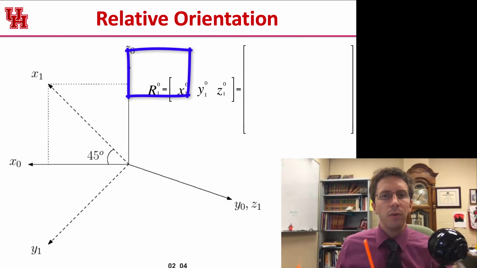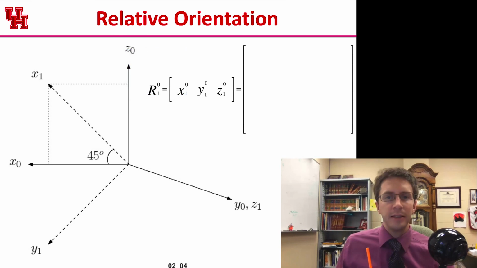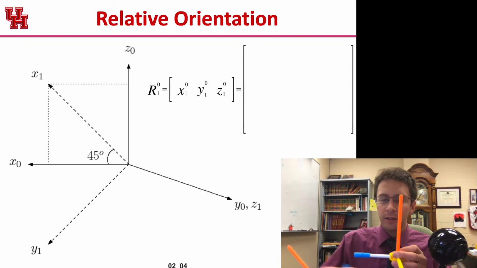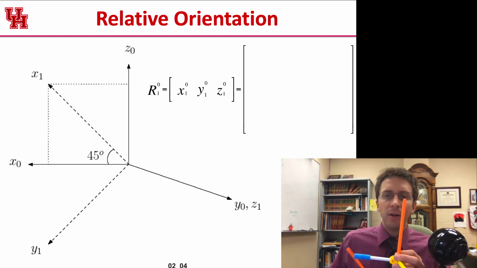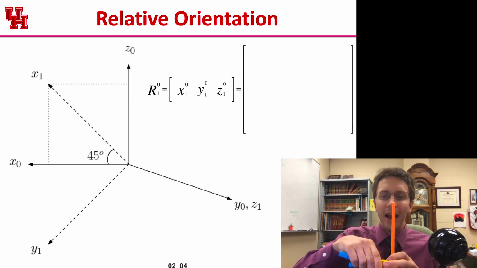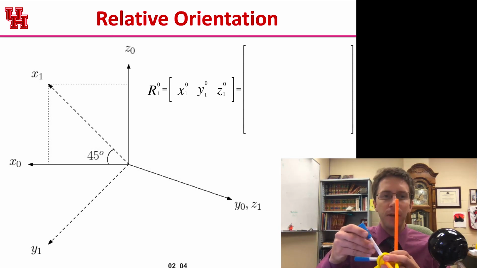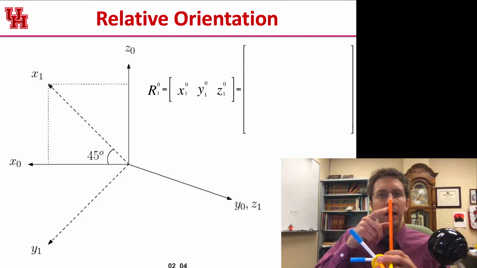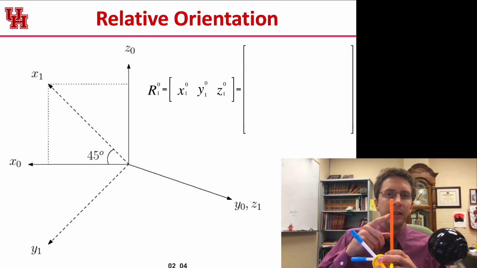Okay, so what we've given here is somebody has given us 2 coordinate frames, and it wants us to come up with a rotation matrix that represents that transformation. So we've got our first coordinate frame, we've got x, y, and z, and you'll notice that now our new z1 is pointed along our original y0, and then our x1 is halfway between x0 and z0.